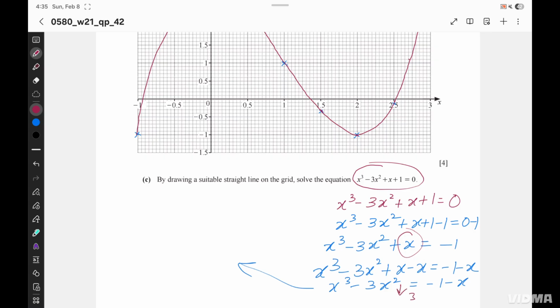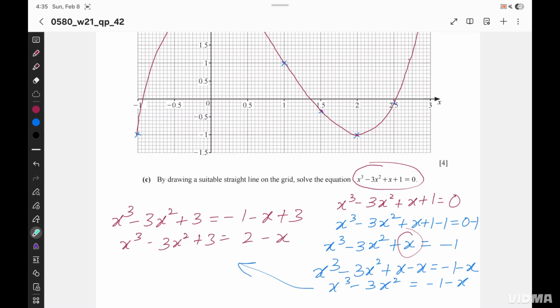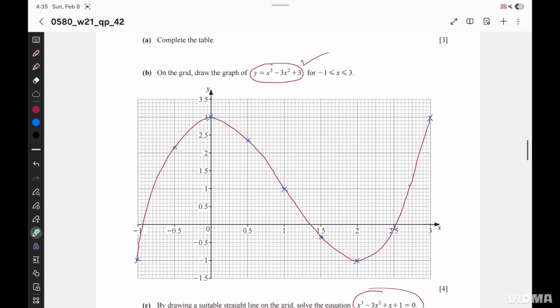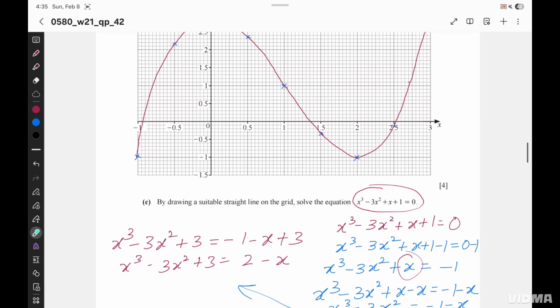So in order to get 3, I will just add 3 on both sides. So you can see now the left hand side of this equation is exactly same as the right hand side of this equation, x cube minus 3x square plus 3. So whenever you have this type of question, you have to make one side of the equation exactly same.